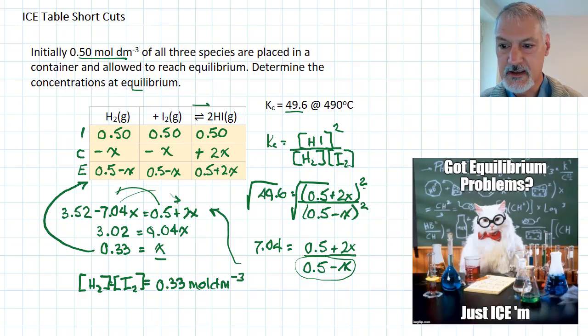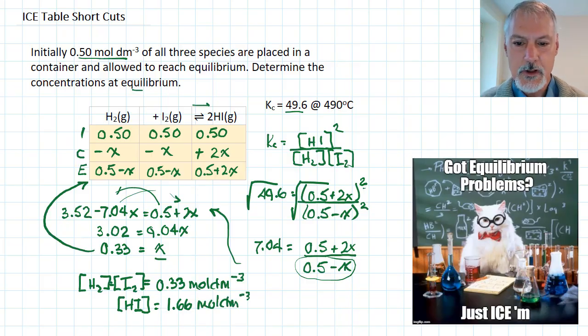And substituting in 2 times 0.33 plus 0.5, that'll give my hydrogen iodide concentration is 1.66 moles per decimeter cubed. So be aware of the shortcut of taking the square root of both sides to avoid the use of the quadratic formula.